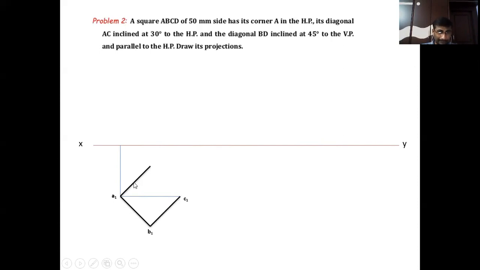Draw a line parallel to this line at point B1, which will intersect the horizontal line at C1. Clear, students? From that C1, draw another line parallel to A1B1. Then at the last point, we will get D1. Like this, you have to construct a square. Are you understanding? Again, I will explain. First of all, draw a horizontal line.